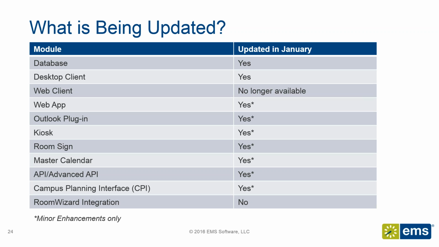So that's why you see this list, and you see database needs to be updated, desktop client needs to be updated, virtual EMS needs to be updated, Outlook plugin needs to be updated, and so on and so forth. The main updates are in the database and the desktop client.